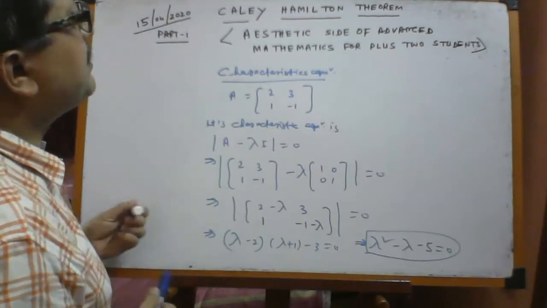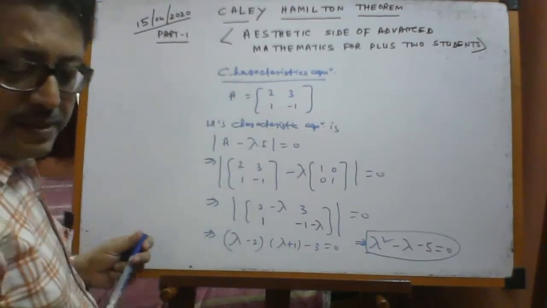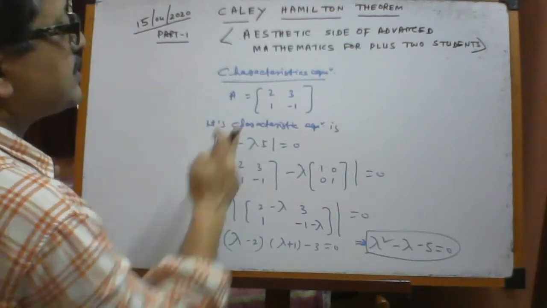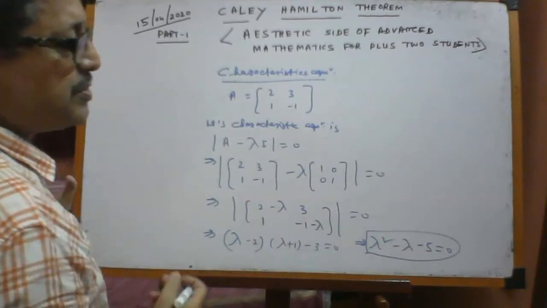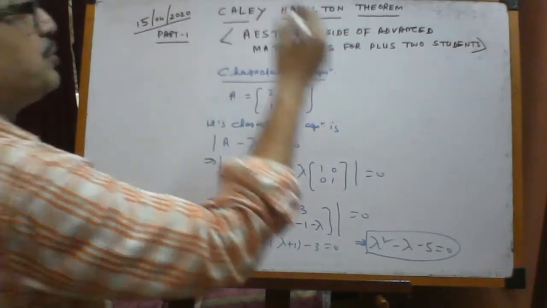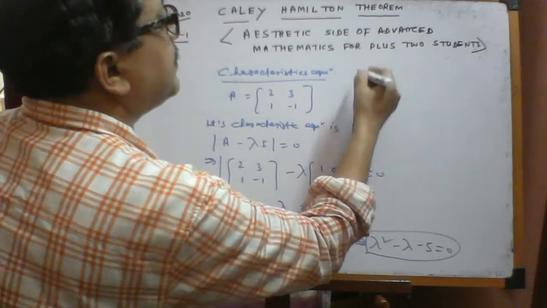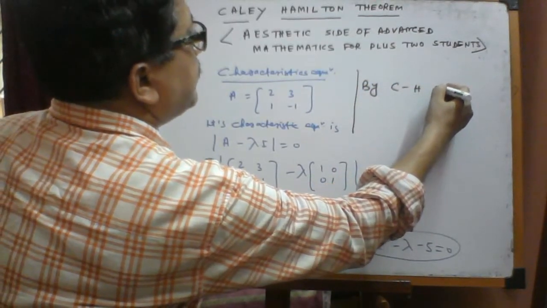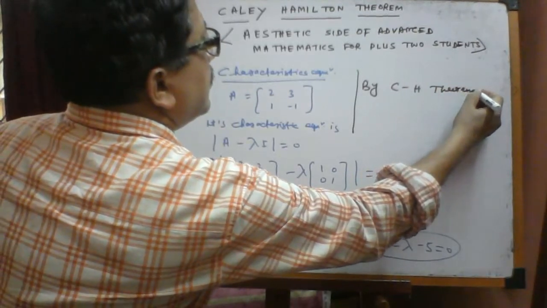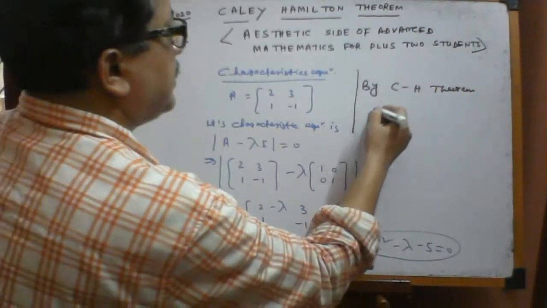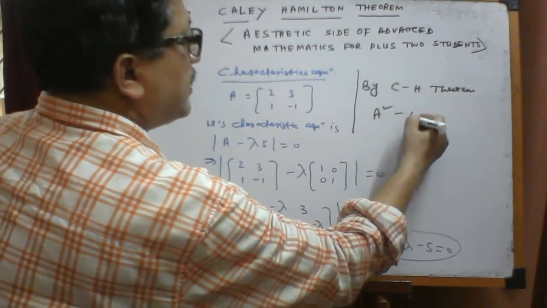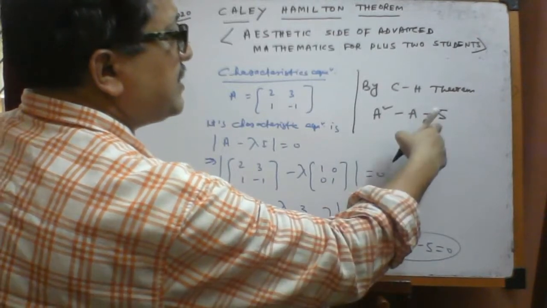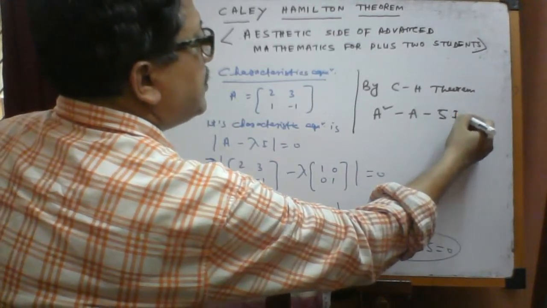Now, what is the utility of Cayley-Hamilton theorem here? The theorem states that this square matrix will satisfy this equation. Okay? So, by Cayley-Hamilton theorem, we can write A square minus A minus 5, you cannot write just 5 because these are matrices and this is a number, so it will be 5I equal to 0.